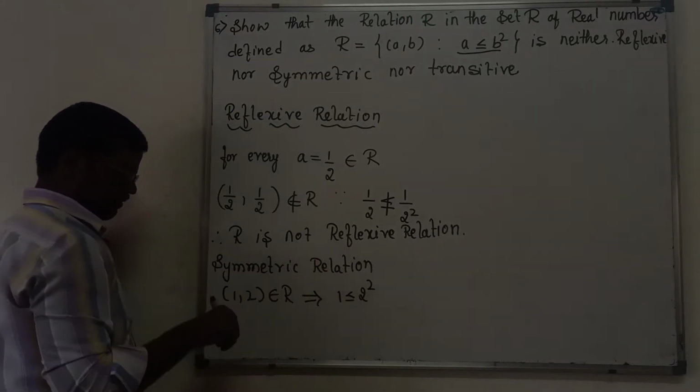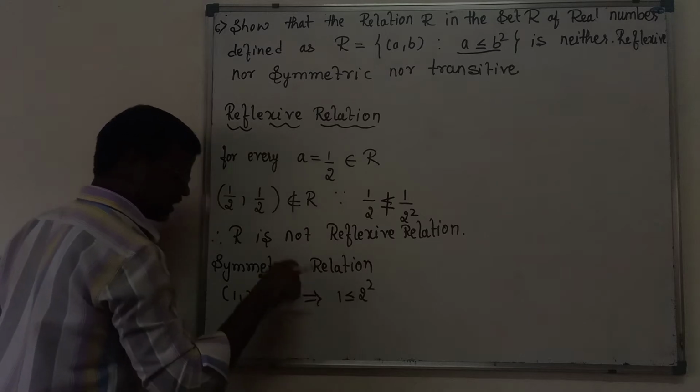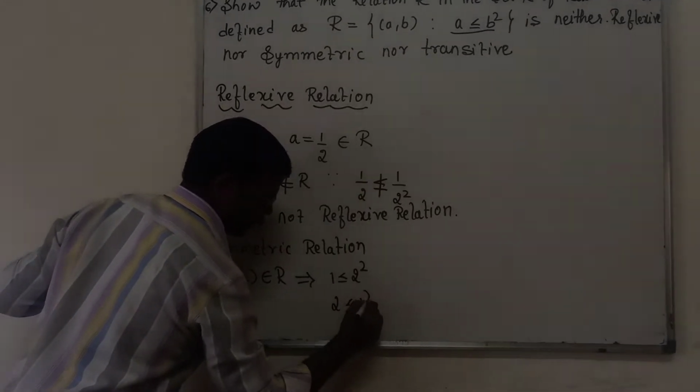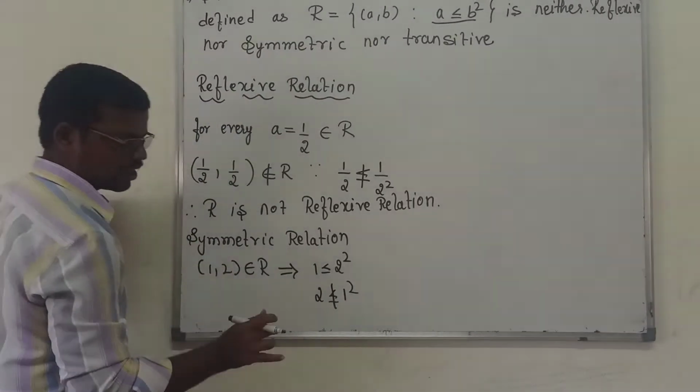So next we have to check whether 2 is less than or equal to 1 square. No, it is never possible.